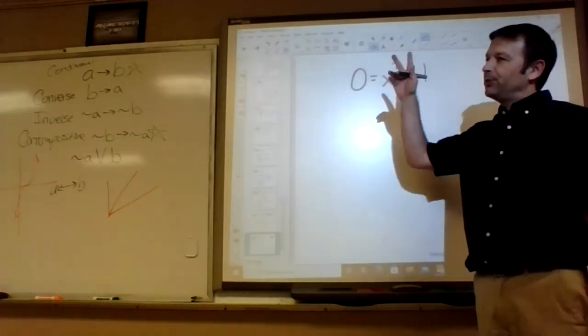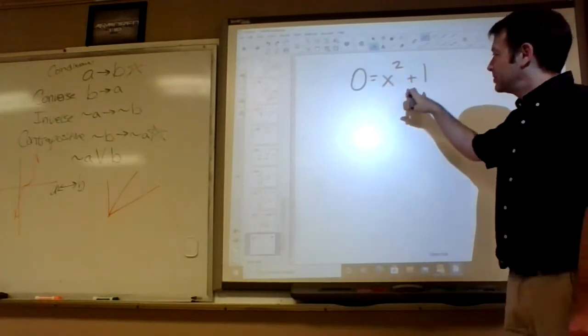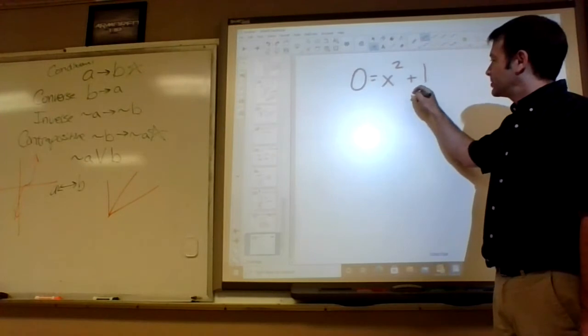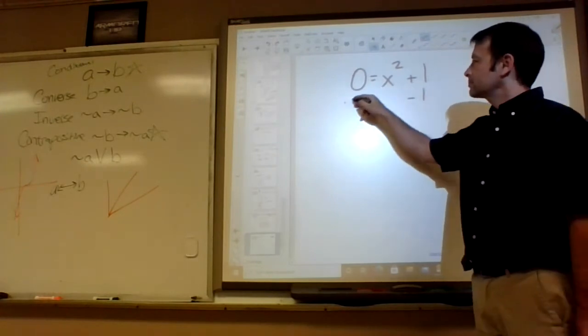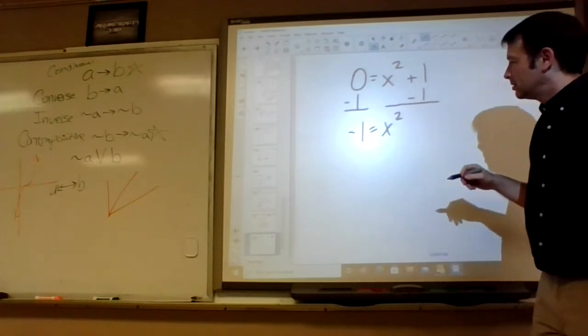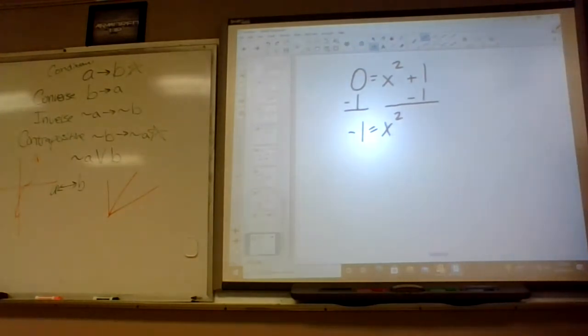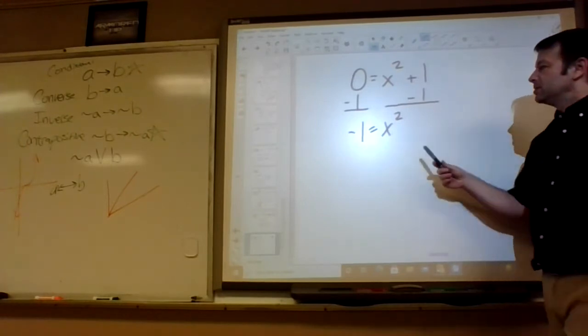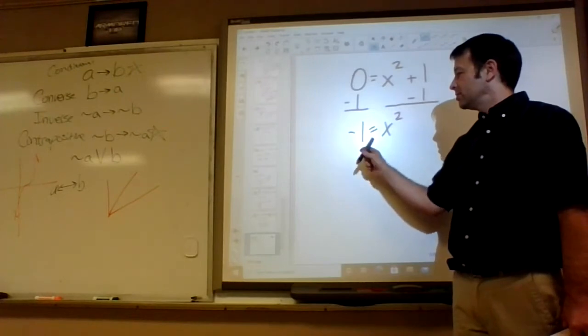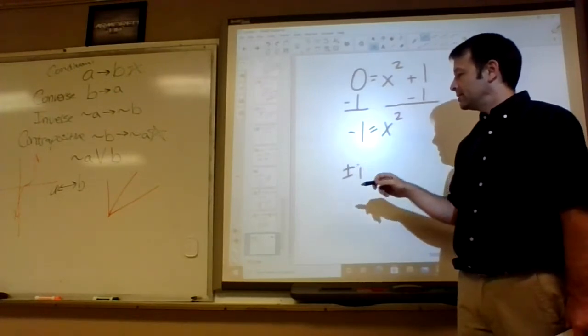So this is my proof, my argument to show that that's a false statement. If I solve this for x, what's going to happen? You're going to get plus or minus the square root of negative 1, or plus or minus i.